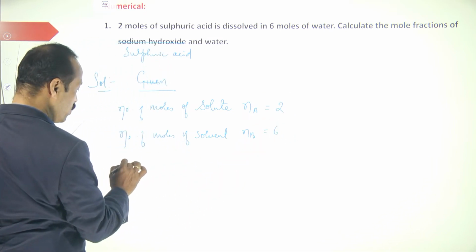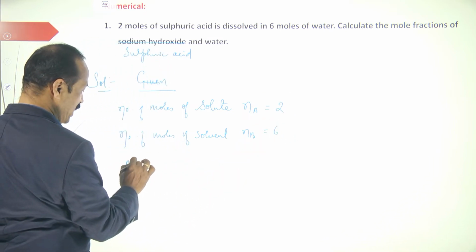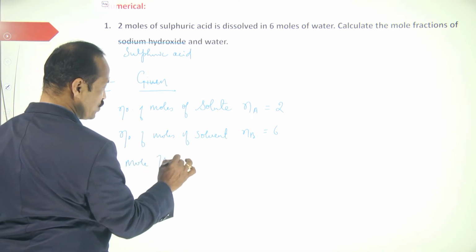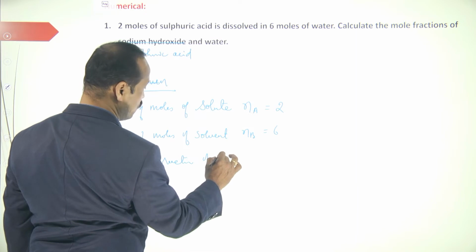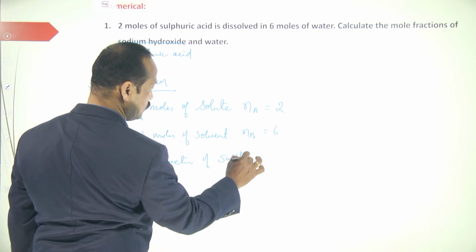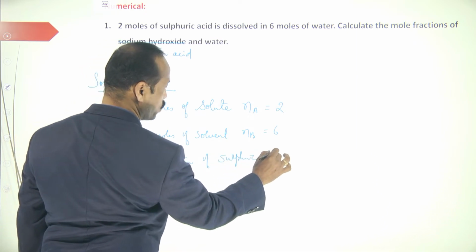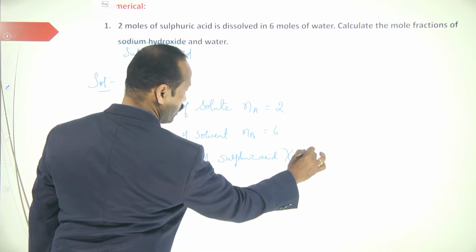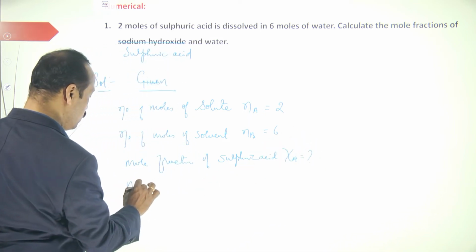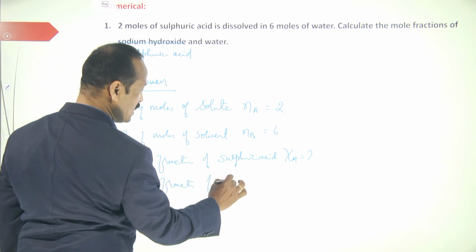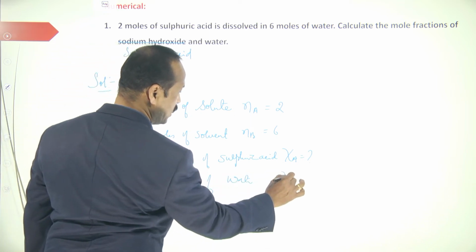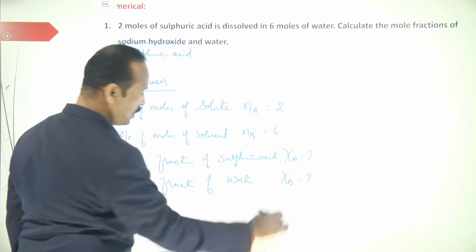Now we want to calculate the mole fraction of solute, that is sulfuric acid, Xa, and the mole fraction of solvent, that is water, denoted by Xb. This you have to calculate, right?